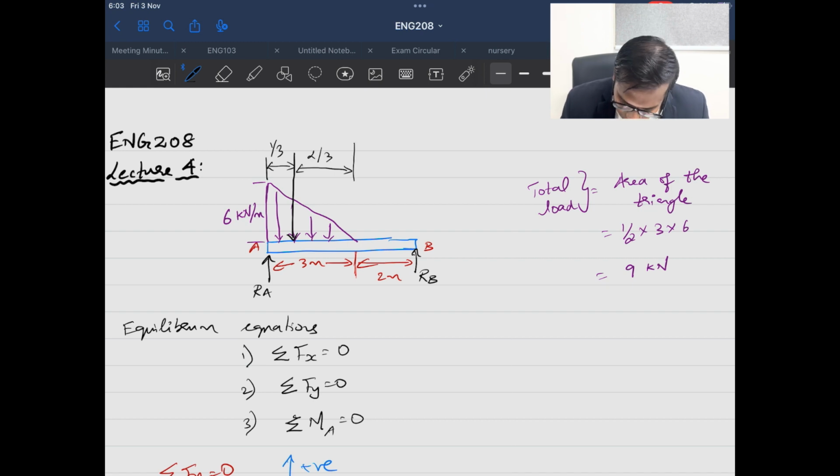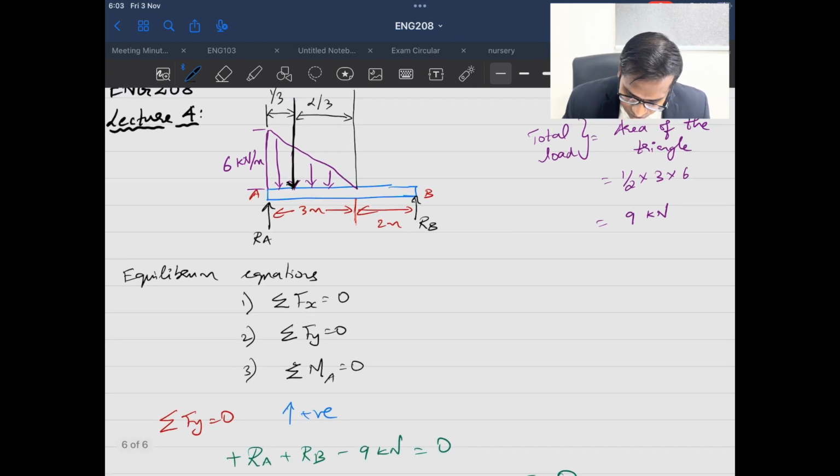So this is the line where the total load will act if an equivalent point load acts. The distance of this equivalent point load from A is 1/3 of the total length, so 1/3 of 3.